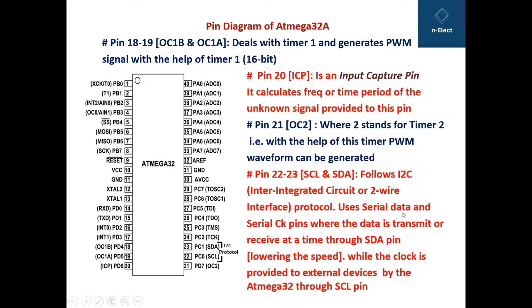It uses serial data and serial clock pins, where data is transmitted or received at a time through the SDA pin, and since it can either receive or transmit at a time, it lowers the speed, while the clock is provided to external devices by the ATmega32 through the SCL pin.